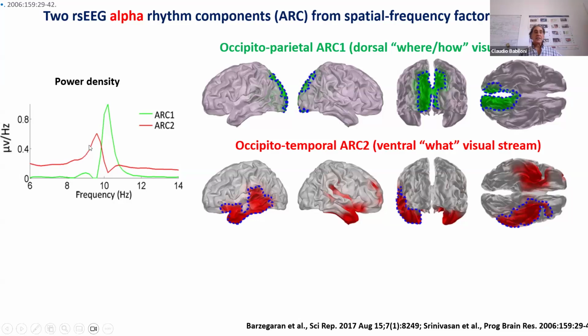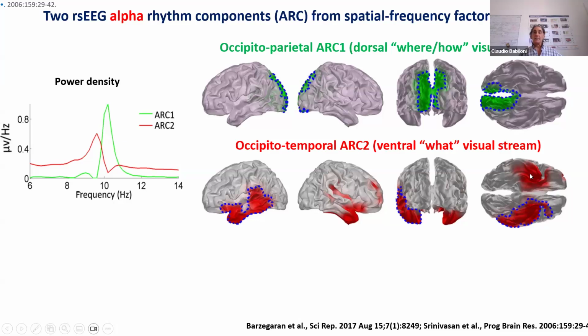In red, you see that the component ARC2 shows a lower alpha frequency peak at about 9 Hz, and also a lower power density. This component is related to source activity in these occipital temporal cortical sources in red, in the brain cerebral cortex model.